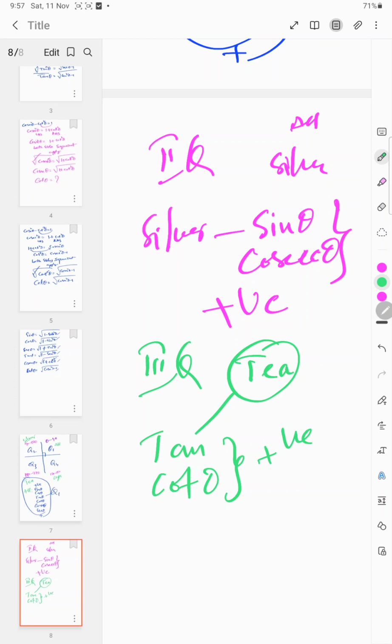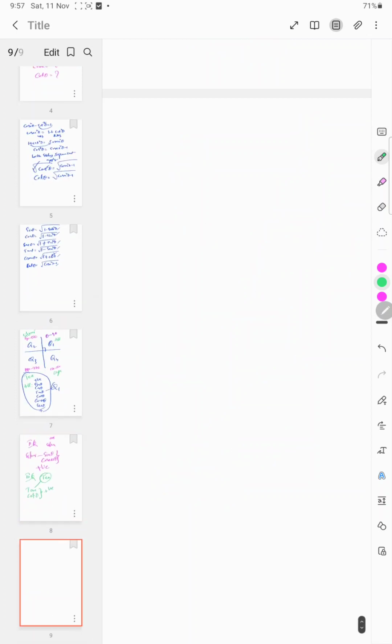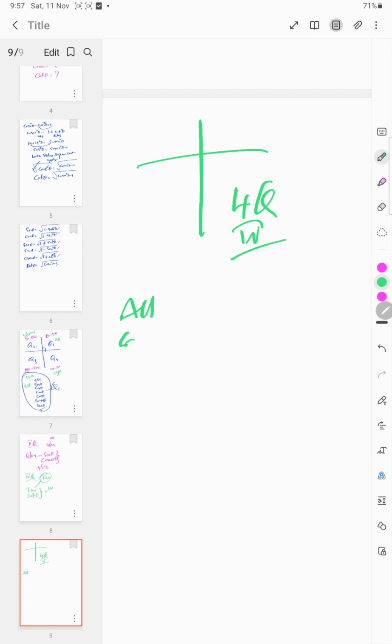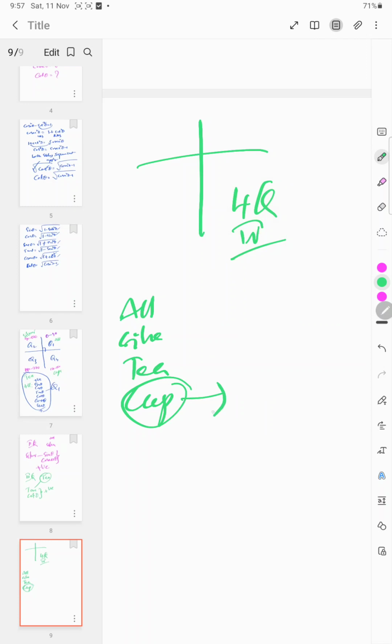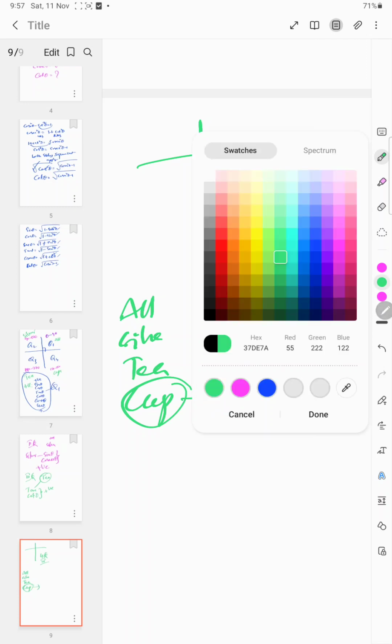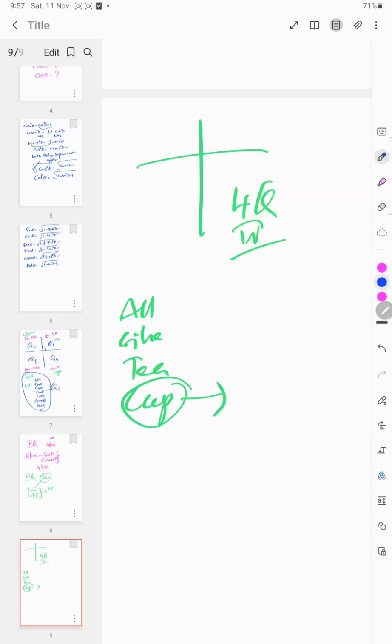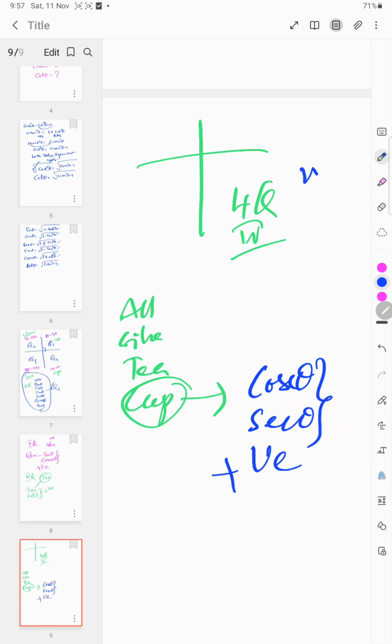In the fourth quadrant, Cups means cos theta and sec theta are only positive.